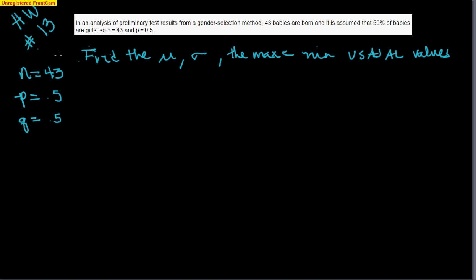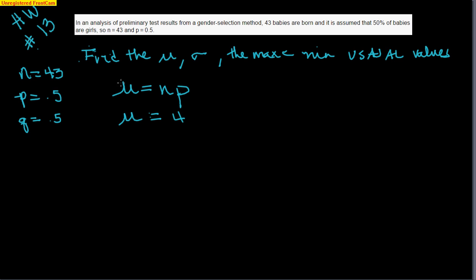And so, as we learned in class, we can figure out the mean. The mean is going to equal n times p, which should make sense. You have 43 babies, and the probability of a girl is half, so you'd assume the mean would be half. So that's exactly what happens.